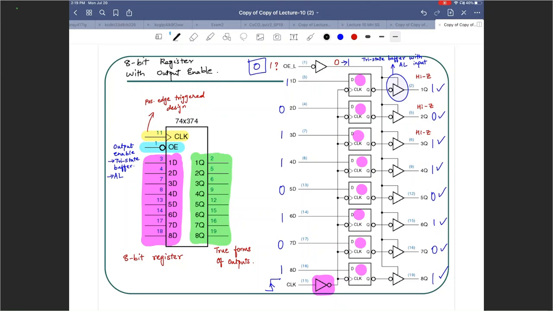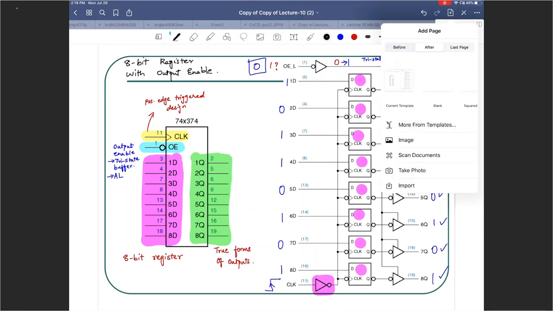Multiple things, you can connect them together, and that's what you would use the high impedance state for. So for example, if you had an 8-bit bus that was shared between multiple 8-bit registers, then you would have to use output enable to disconnect certain things so that only one 8-bit register can take charge of the 8-bit bus. So what I mean to say is this. So let me draw a sketch here. All right.